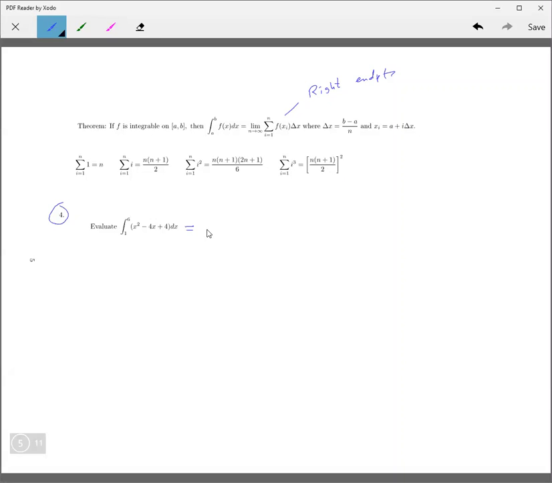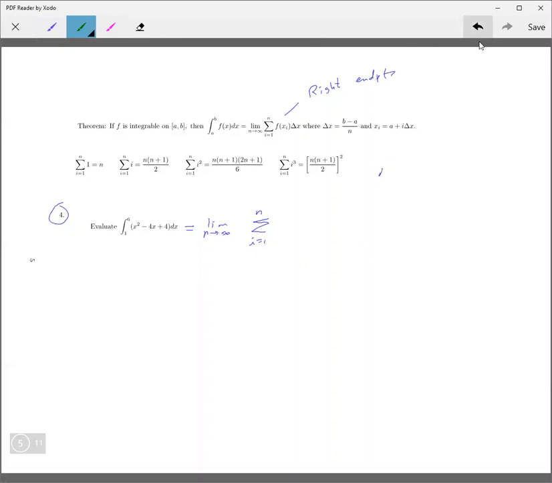So this is going to be the limit as n goes to infinity of the summation, I'm just copying this down, i equals 1 to n, f of xi. Now let me figure out what to put here first. We'll figure out delta x first.